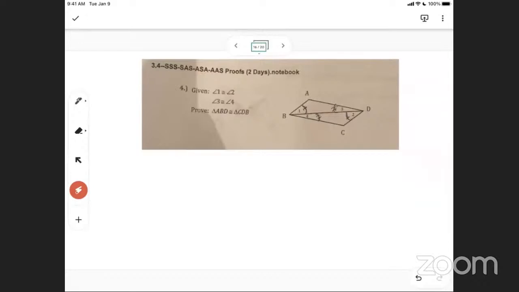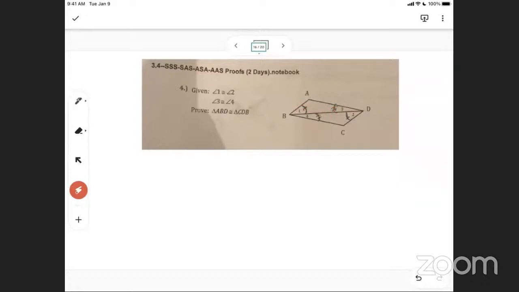AAS? So here's how you do this. So that was one of your questions. Here's how you know what it is. Start with one of the things that you're given, and start far away. You're basically naming things without skipping sides or angles. So if I start with this angle and I go this way, I would have an angle and then a side and then an angle.